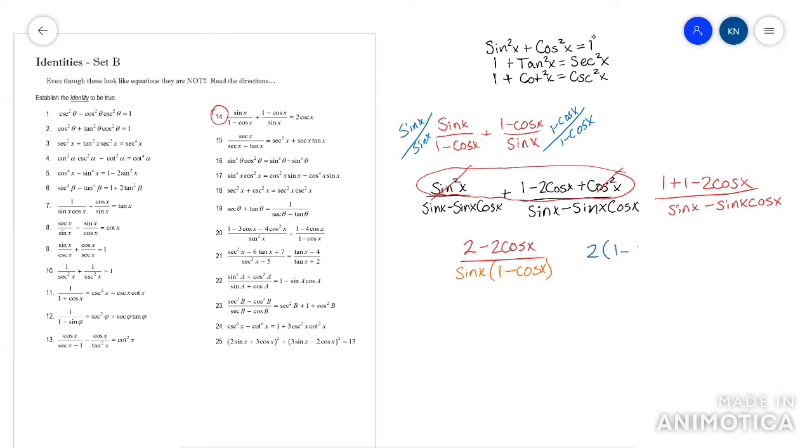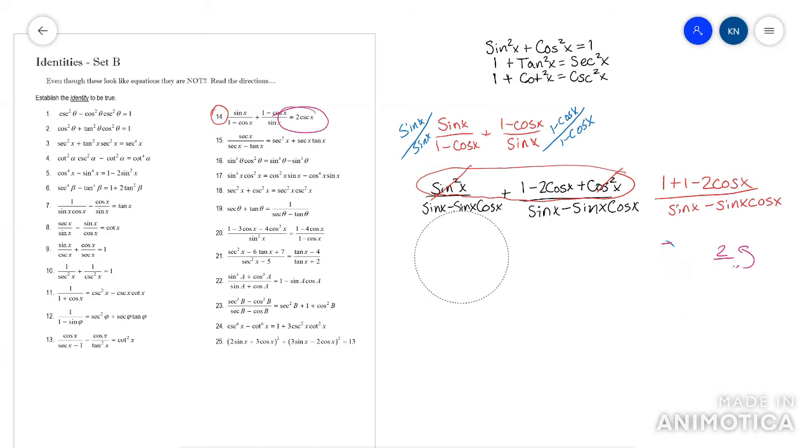And so it's going to be 1 minus cosine x. And on bottom, it's sine 1 minus cosine. And so now these will cancel, and you'll end up with 2 over sine x. And you can bring that to the top and call it cosecant. So I end up with 2 cosecant x, which is what I wanted. So I'd be done.